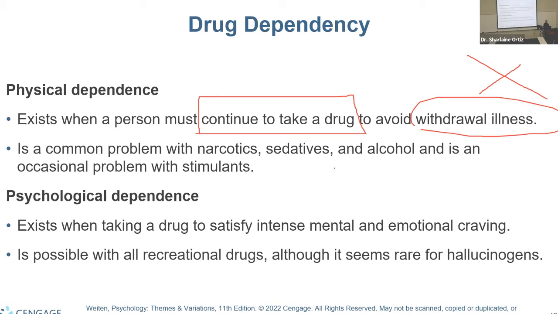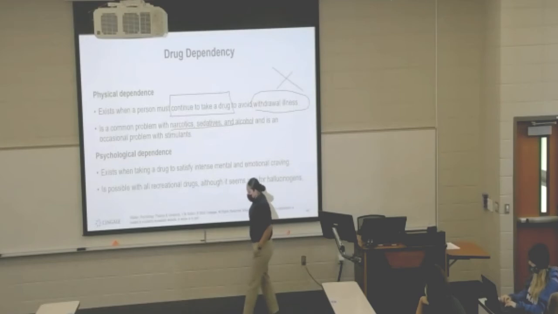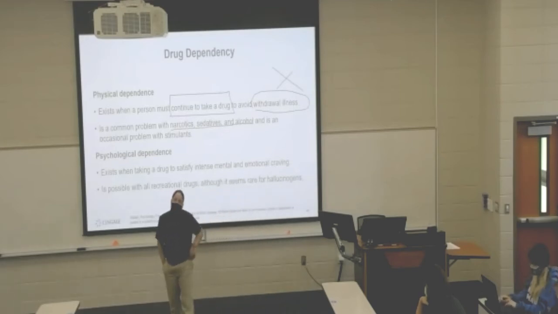Generally, this is immensely common with narcotics, sedatives, and alcohol, right? It's generally common with these three aspects. People who have a physiological and psychological dependency on a drug, when they start drinking alcohol, feel good.